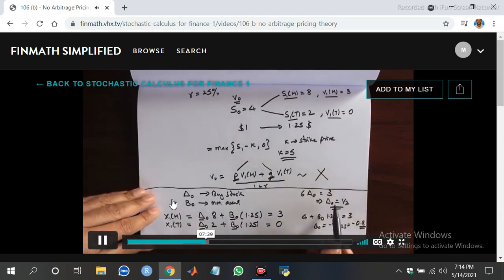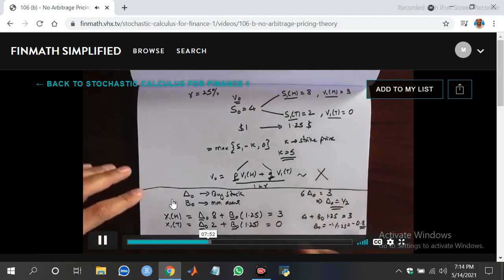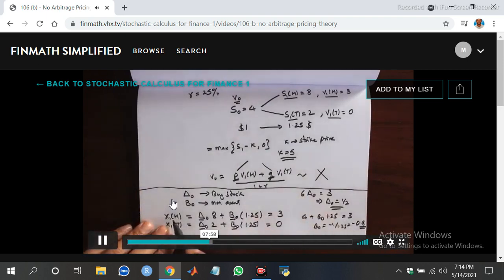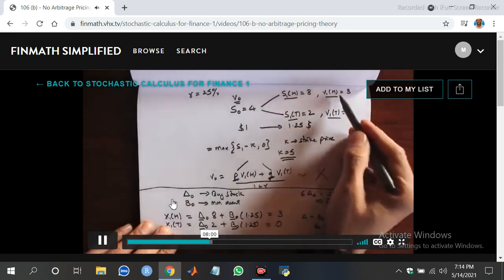So we had 2 equations with 2 unknowns. We solved for them, and we got delta naught as half, and B naught as minus 0.8. Now, if delta naught is half and B naught is minus 0.8, then the value of our portfolio will be the value of the option.